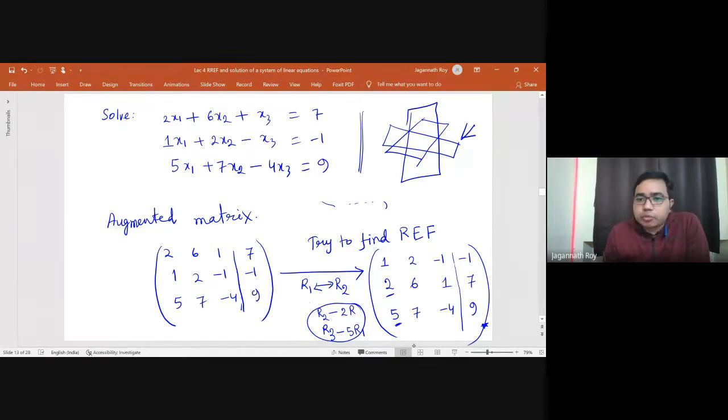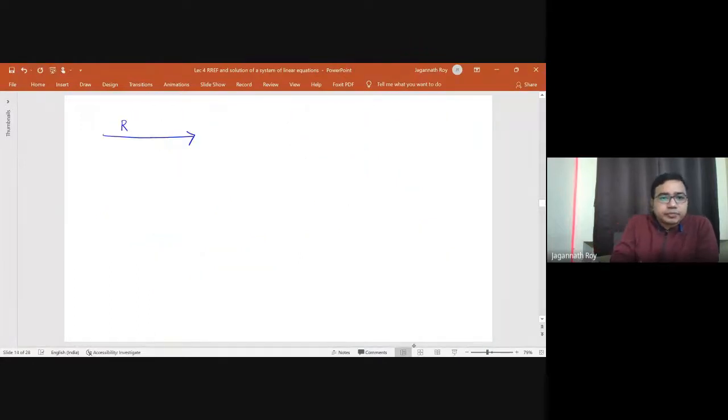We don't bother about what is happening in the other places at this moment. At this moment, we want 0 in this place. So let us do that: R2 minus 2 times R1 and R3 minus 5 times R1.